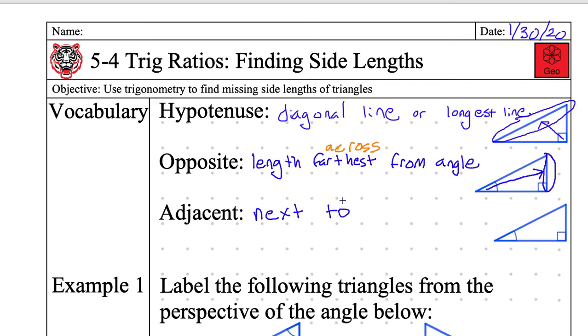So you can use adjacent in the real world too, but in mathematics it means something very specific. So if my angle is right here, adjacent, it kind of means hypotenuse, right? But it's not the hypotenuse, it's the leg that is next to the angle. So there's our adjacent. And if you don't like the word next to, I guess you could think of the word neighbor. That helps too, so neighbor.